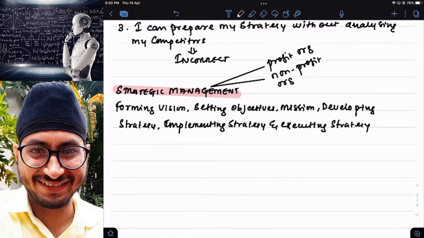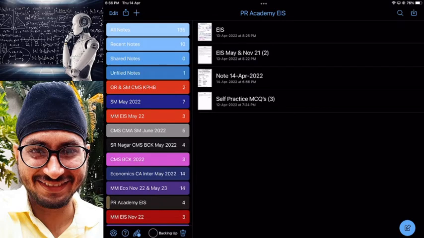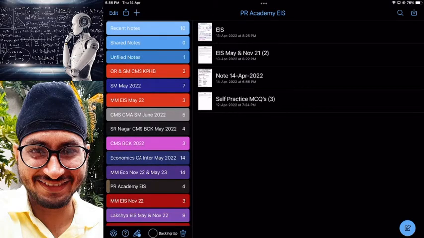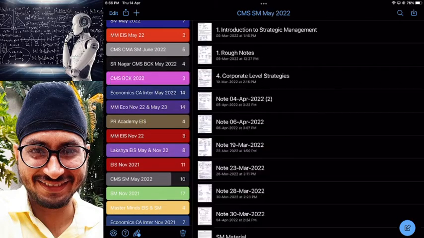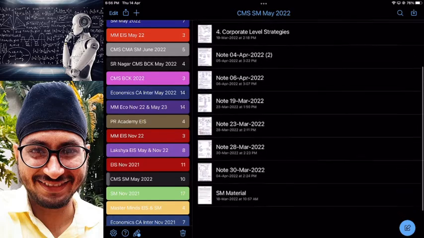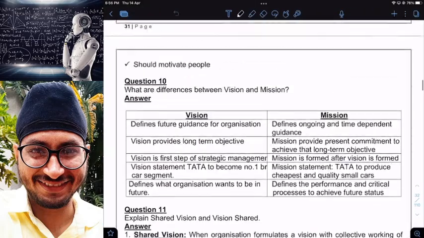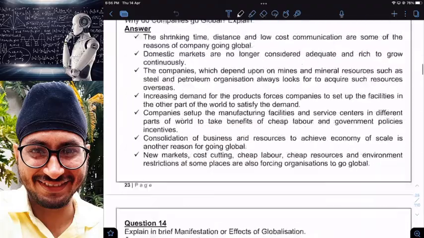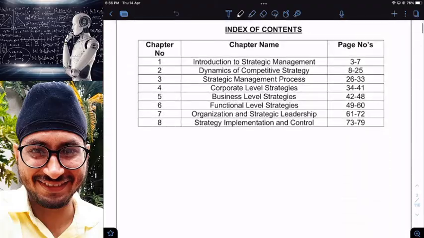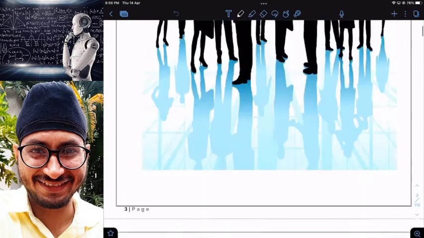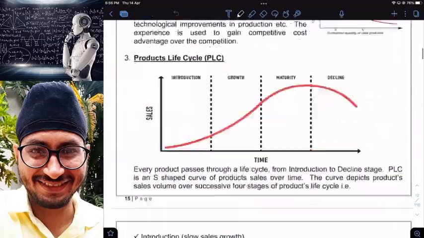Now, I hope management has already given the material to you. Strategic management. Let us start with this material that I have given. In the material two parts are there. There are some small changes which happen, and those small changes in every chapter I have mentioned at the end.